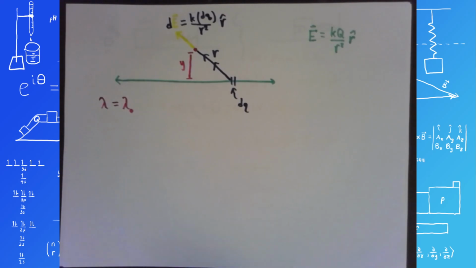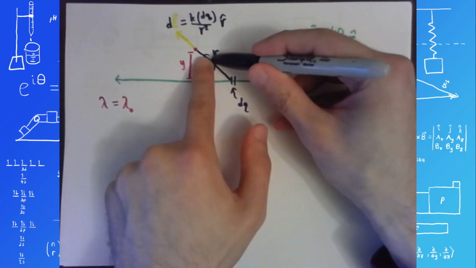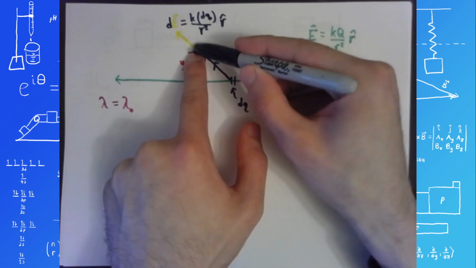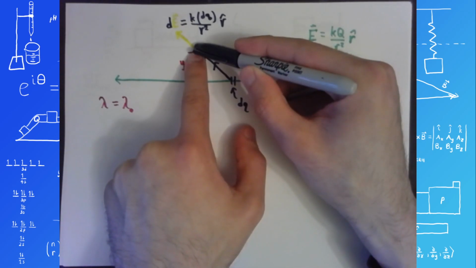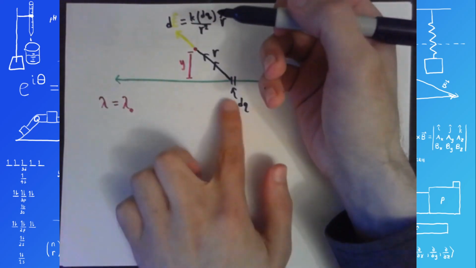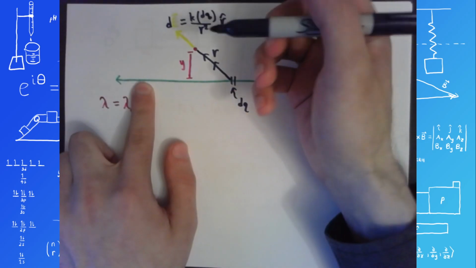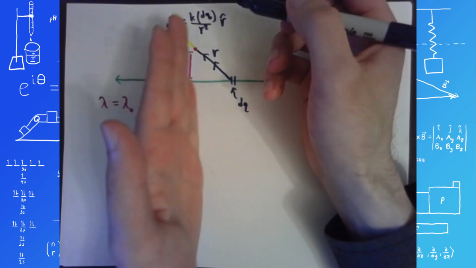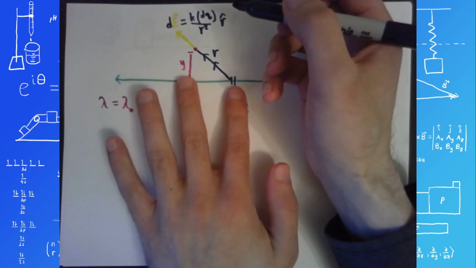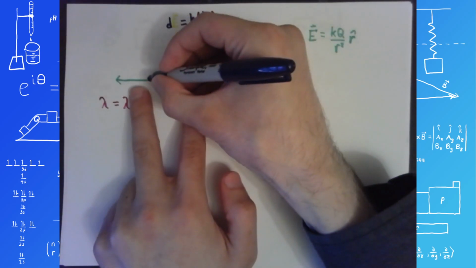Now, because this line of charge is infinite, for every such charge dq over here, that's a distance r from my point of interest, there should be another point charge on the exact opposite side. If this thing is infinite, then for every bit of charge that's here, there should be an equivalent amount over here. So I'm not going to be able to draw this perfectly, but it would be roughly around here.